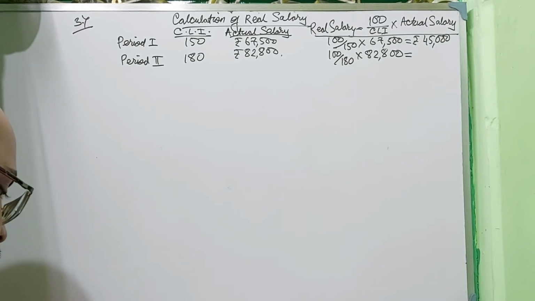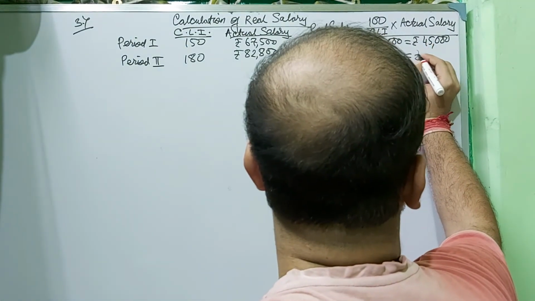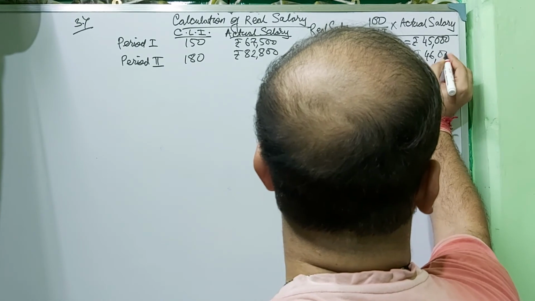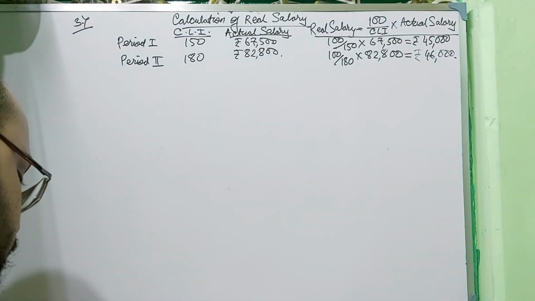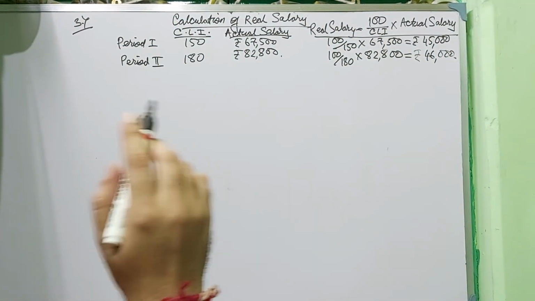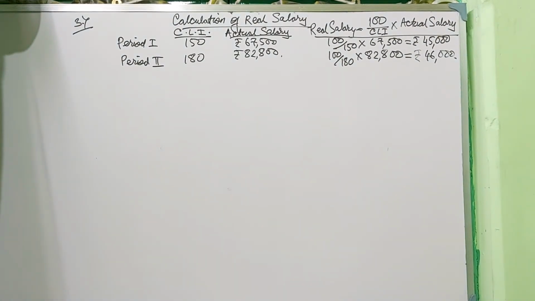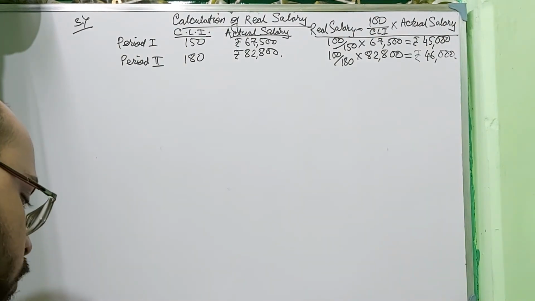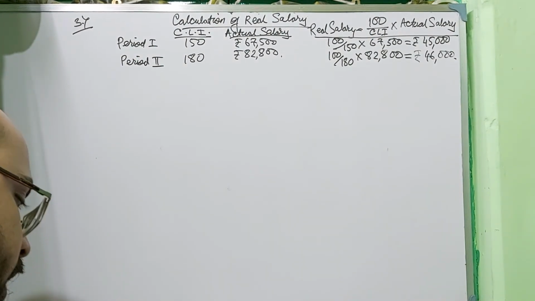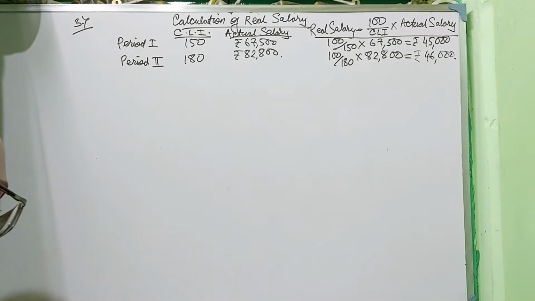It is 46,000, right? Is 46,000. So obviously period 2's real salary has been increased in comparison to period 1. So what the question was? Question says that does the worker gain in real term, and if so, by how much?